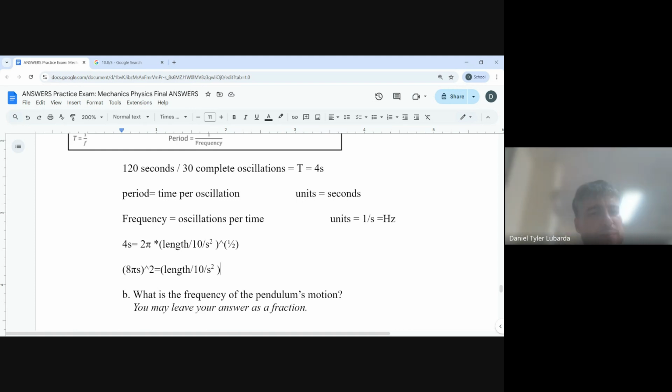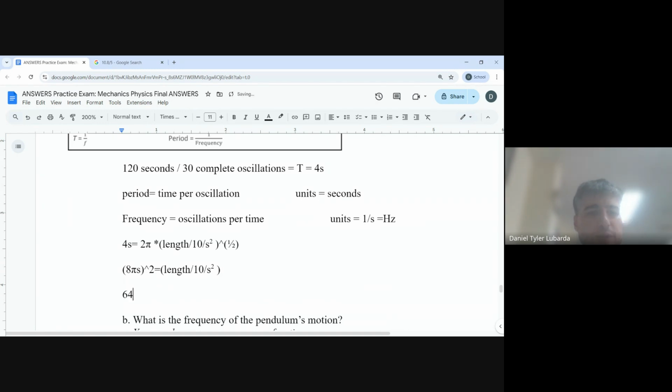So we get on the left side 64 times pi squared times seconds squared equals length, but we have to divide both sides by this 10 over seconds squared.